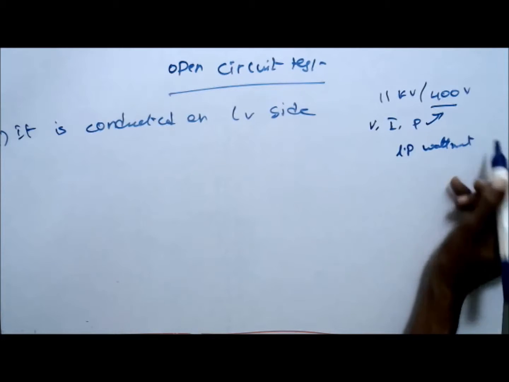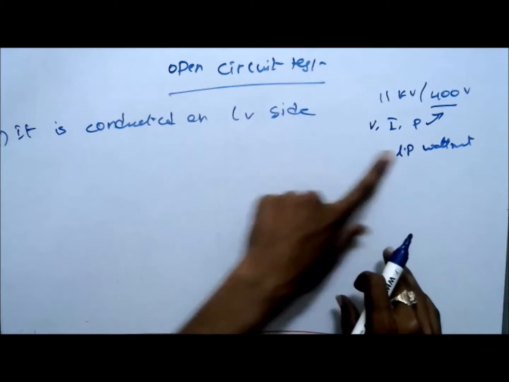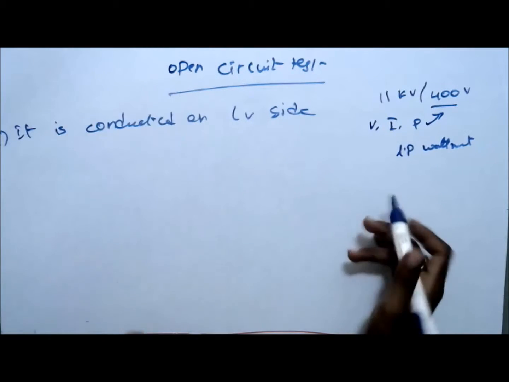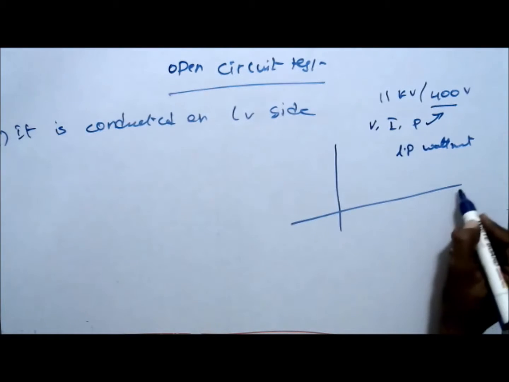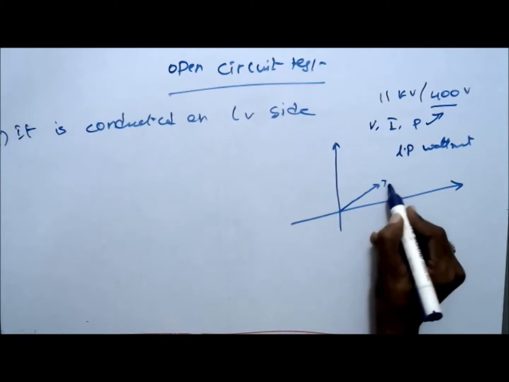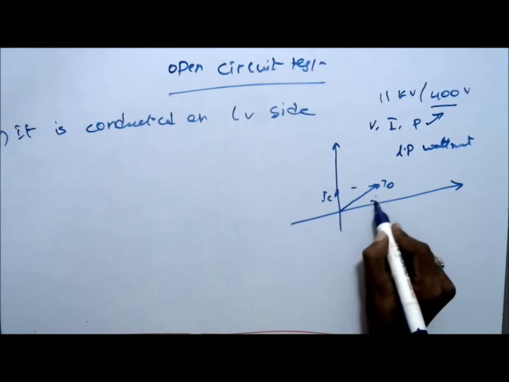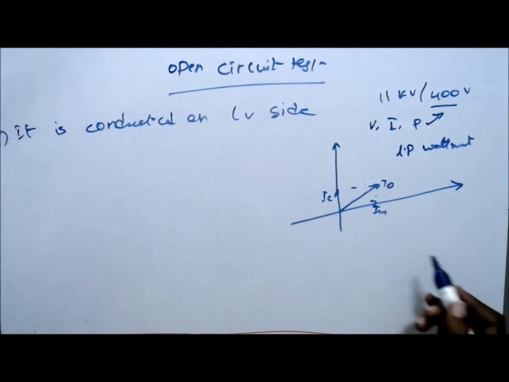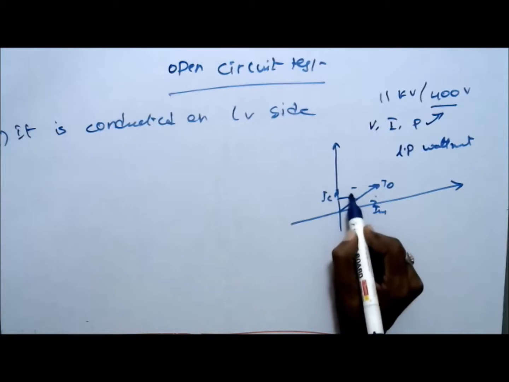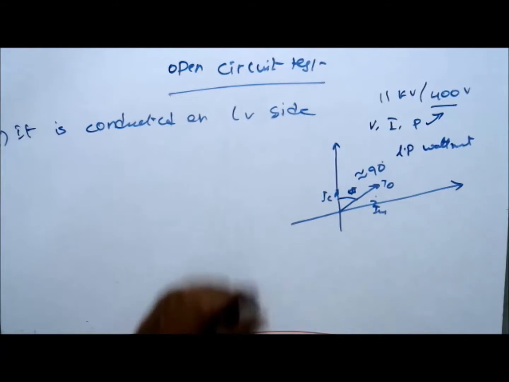because at no load, the exciting current I0, with components IC and IM, has a power factor approximately 90 degrees lagging.